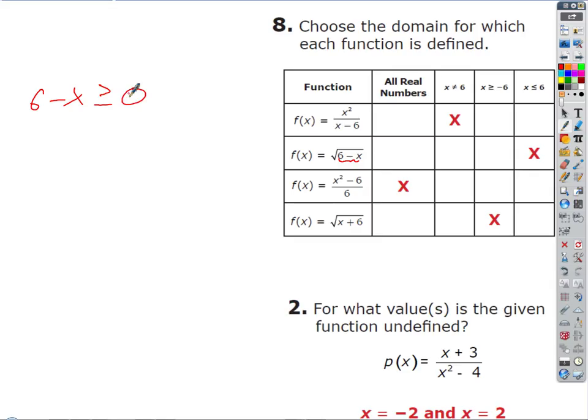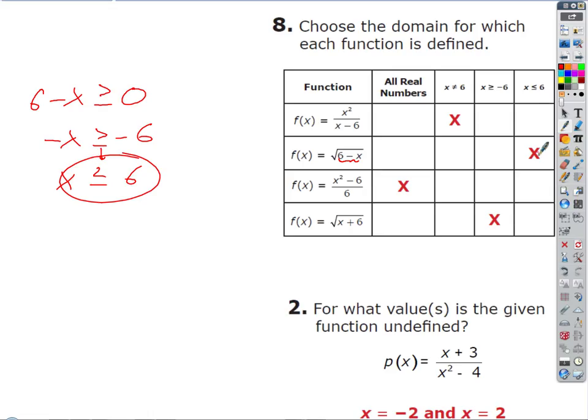All we have to do to find the x values that work is solve for x. How do I do that? Subtract 6. So negative x is greater than or equal to negative 6. Now what? Divide by negative 1. What does that do to the inequality if I divide by a negative? Flips it. So there's my domain: x is less than or equal to 6. That's the one that works.